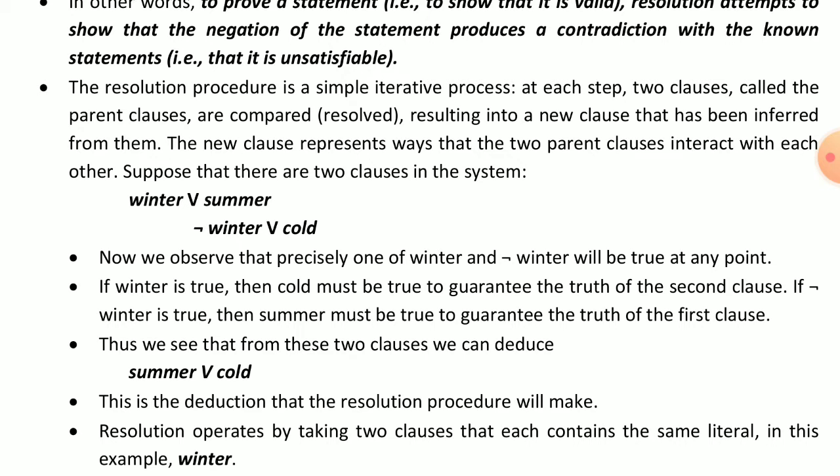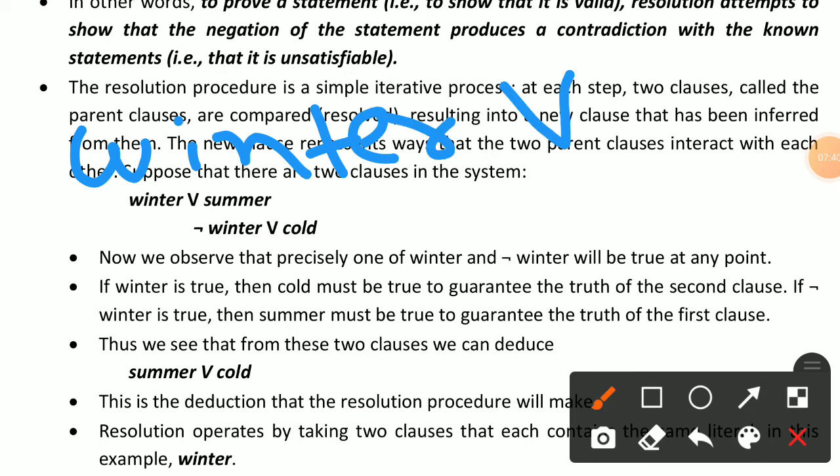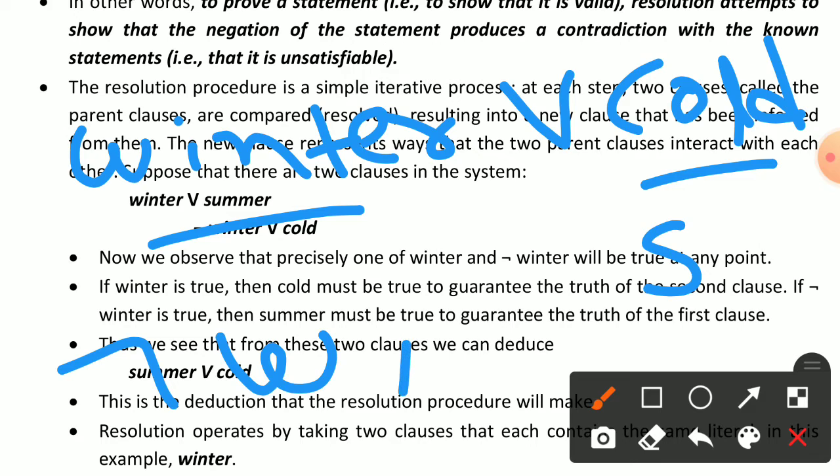We can't write winter or cold, because these are both the same. So here we write winter or summer and not winter or cold. Okay, this is the symbol for or.